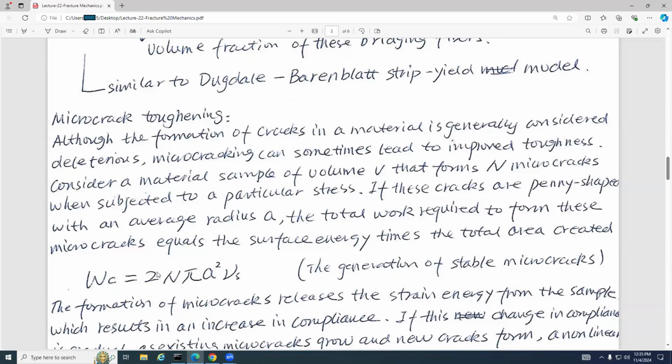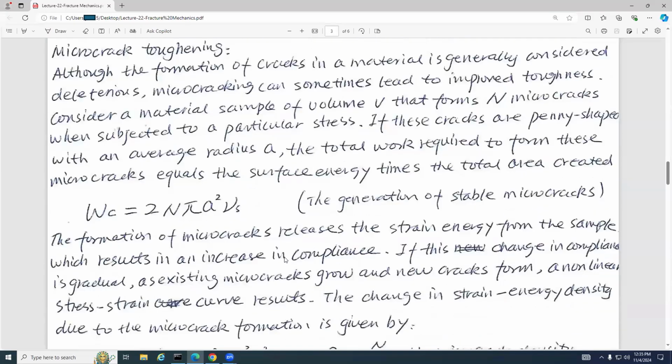So the generation of stable microcracks releases the strain energy from the sample, which results in an increase in the compliance. If this change in compliance is gradual, as existing microcracks grow and new cracks form, a nonlinear stress-strain curve results.